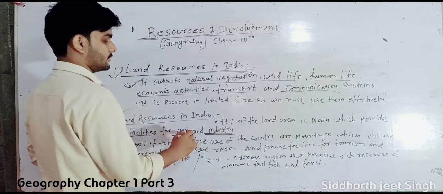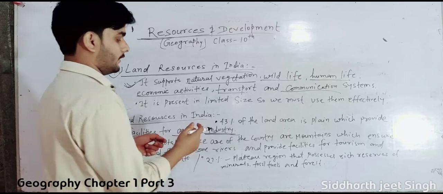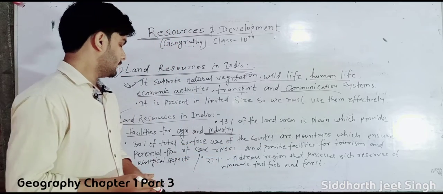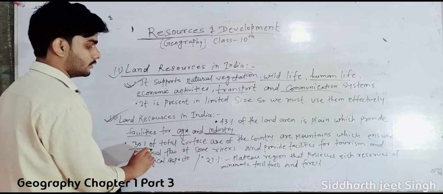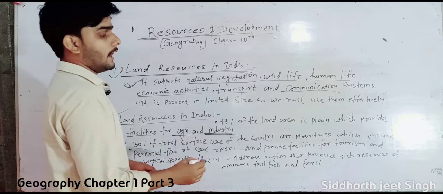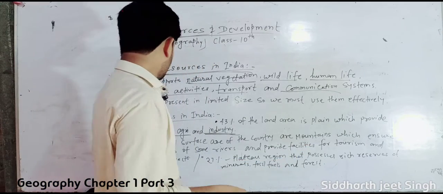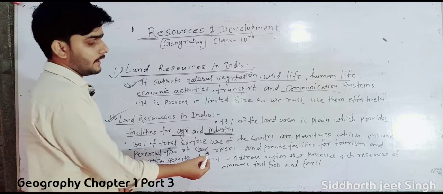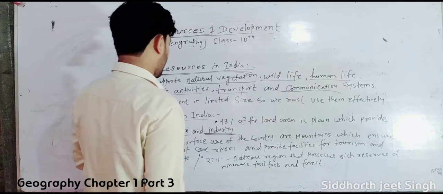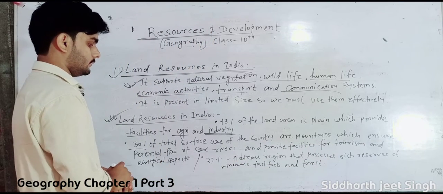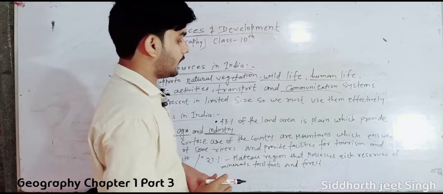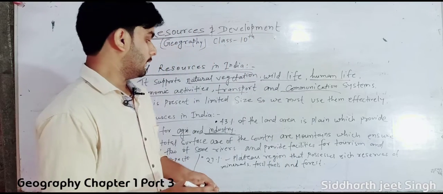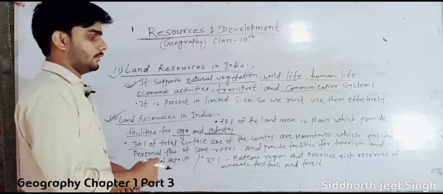All agricultural and industrial activities are done on the 43% of the total land area of our country. About 30% of the total surface area of the country is mountains, which ensure the perennial flow of some rivers like Ganga, Yamuna, etc., and provide facilities for tourism and ecological aspects. And about 27% is plateau region that possesses very rich reserves of minerals, fossil fuels and forest.